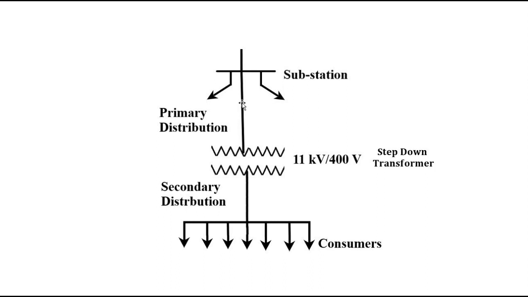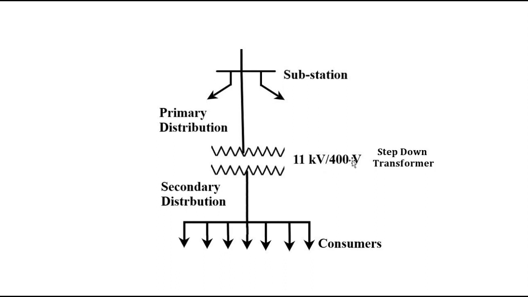Depending upon requirement it goes to different places, and at appropriate places, at another substation, the 11 kilovolt is again stepped down to 400 volt, which is the voltage between two phases, and the voltage between a phase and neutral is 230 volt.